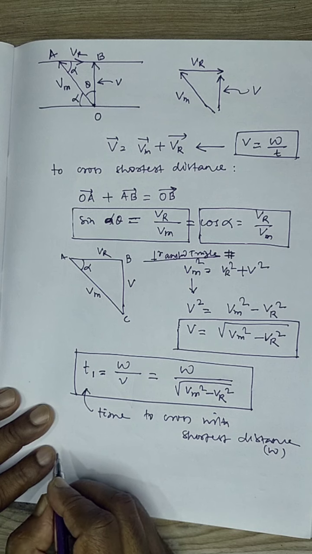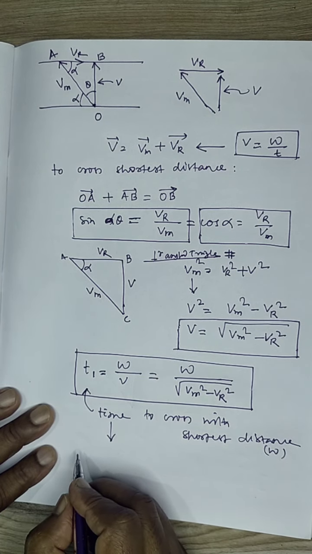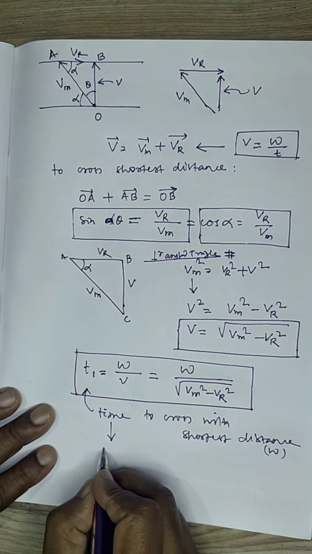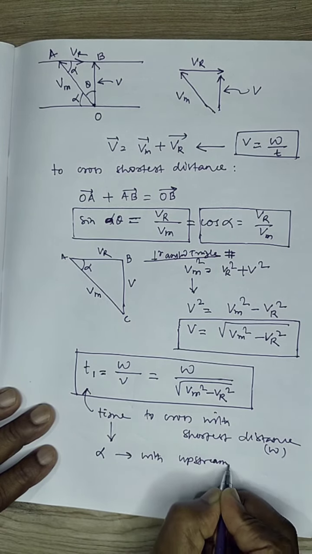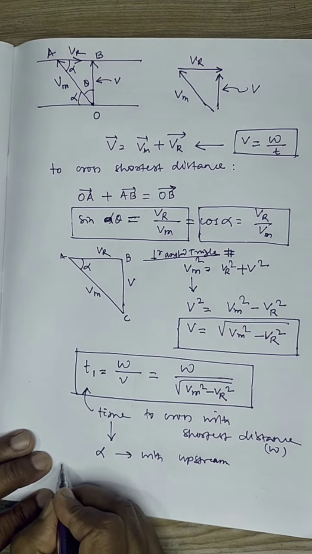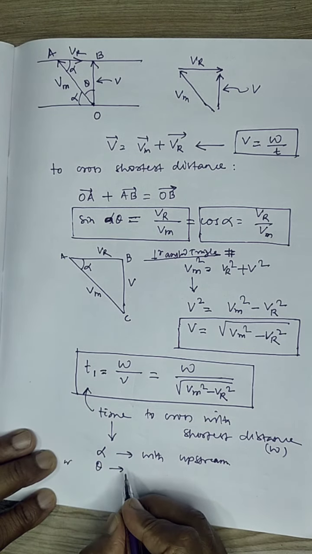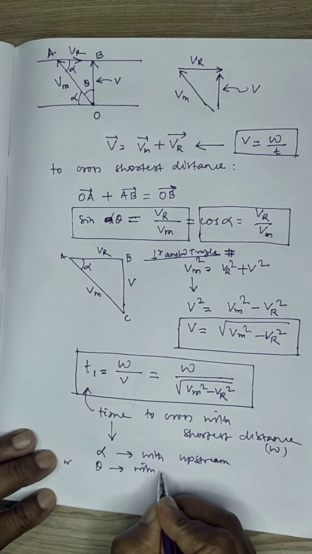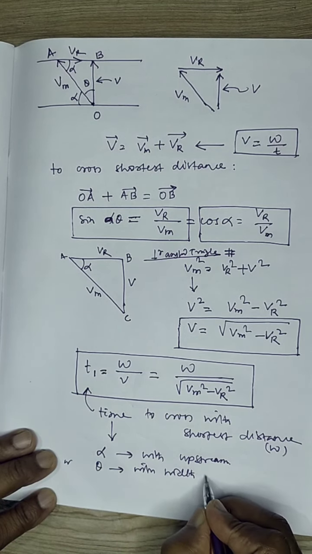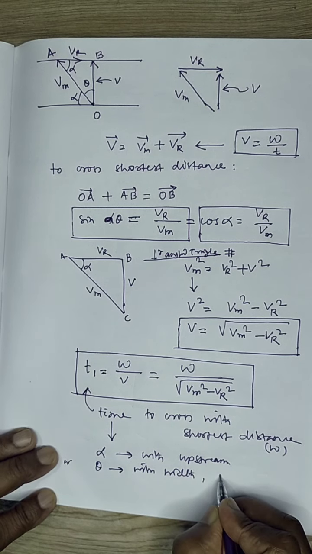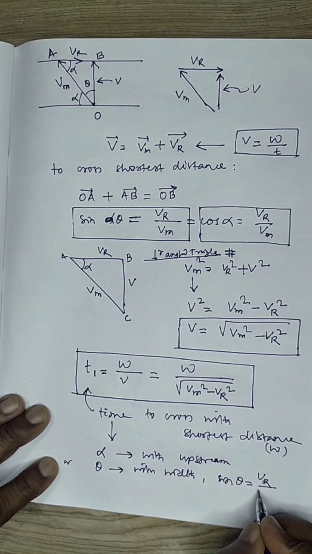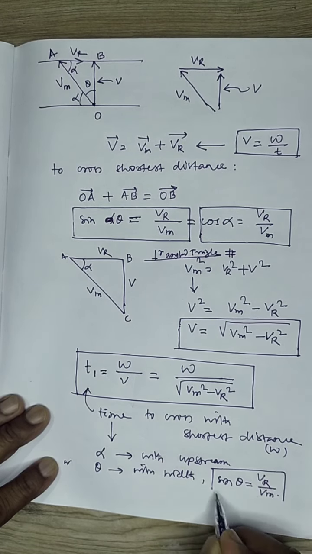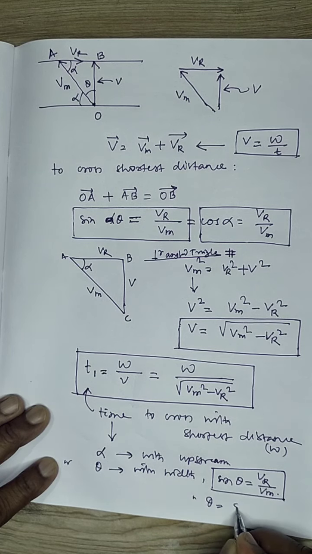In that case, it has to make an angle alpha with upstream, or theta is the angle it will make with width, where sin theta will be Vr by Vm, or theta will be sin inverse Vr by Vm.